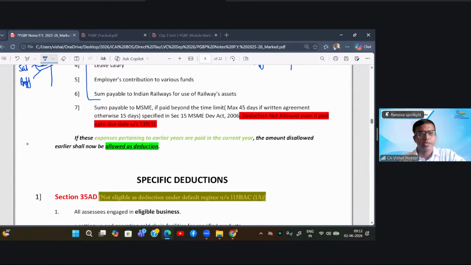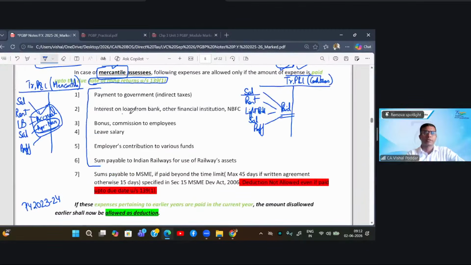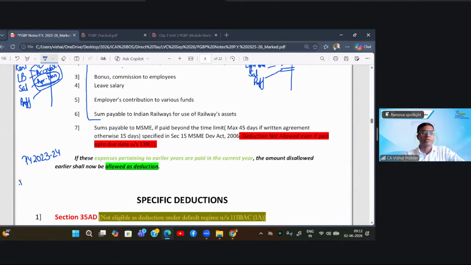So again, let us say previous year 23-24. Let us take one of these expenses, interest. So there was some interest debited to your P&L, rupees 2,40,000, which remained outstanding in that year and even up to the due date of filing returns.